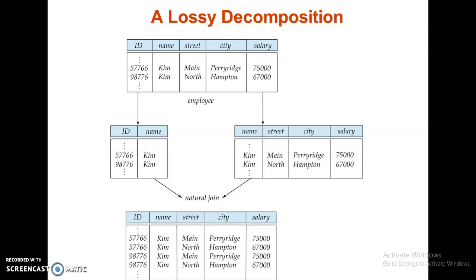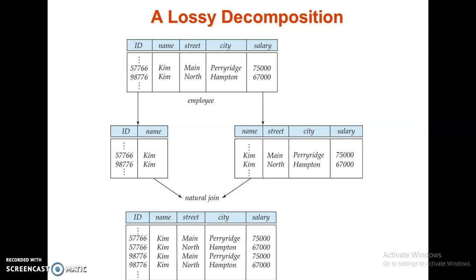That is, when you perform a join operation between the two decomposed relations, you should not lose any information that is there in the original relation. At the same time, you should not get any extra information which is not there in the original relation. And such decompositions are referred to as lossless join decomposition.